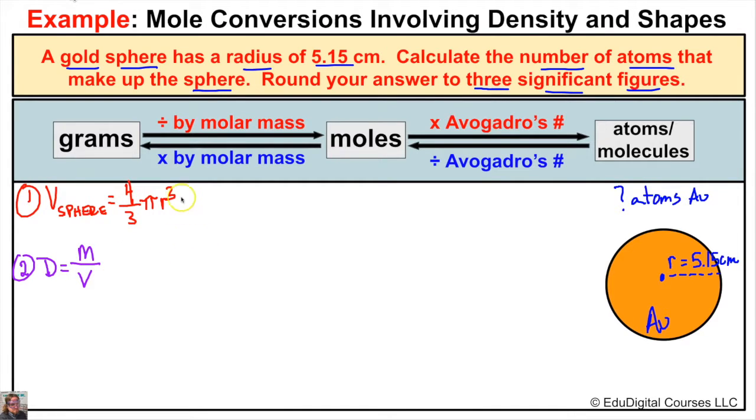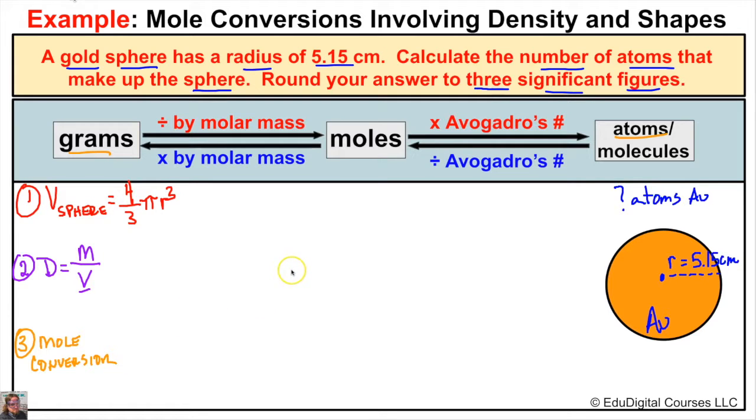So once we figure out the volume of a sphere, we can then plug that into our density formula right here, and we can solve for the mass of the sphere. And last, once we know the mass, we can run it through our mole conversion right here. So in our third step, we're going to do some mole conversion.